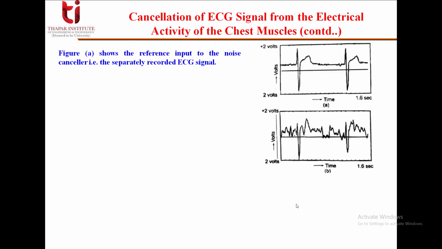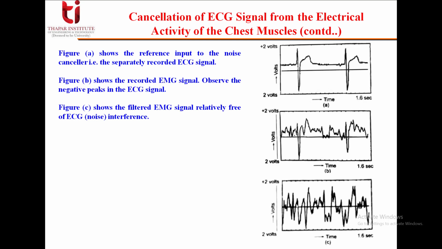Now you can see figure A shows the reference input to the noise canceller, that is the separately recorded ECG signal. Figure B shows the recorded EMG signal, and we can observe the negative peaks of the ECG signal. Figure C shows the filtered EMG signal relatively free of ECG, or we can say the noise interference.